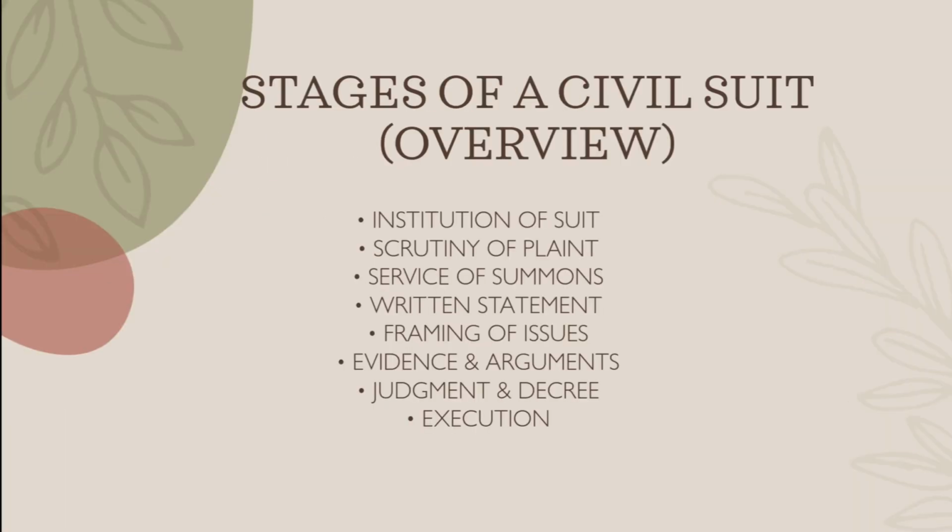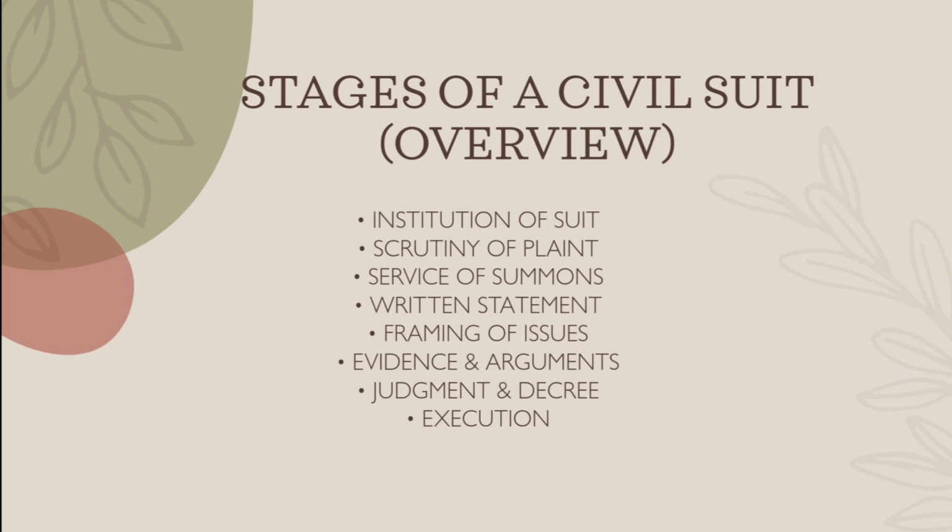Now, moving to the very important part of this video, which is the stages of a civil suit. A civil suit follows a fixed procedure. It starts with the filing of a suit, followed by notice to the defendant, filing of the written statement. Then we have the framing of issues.